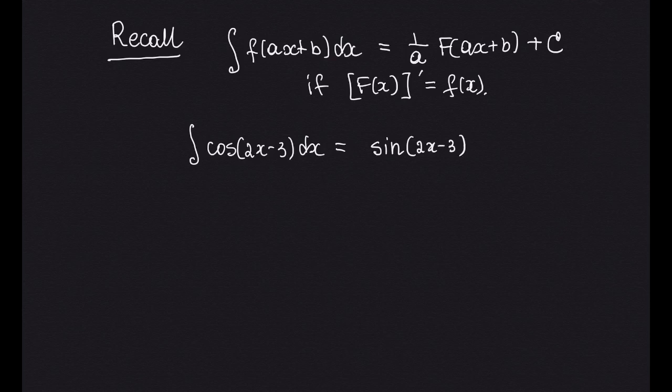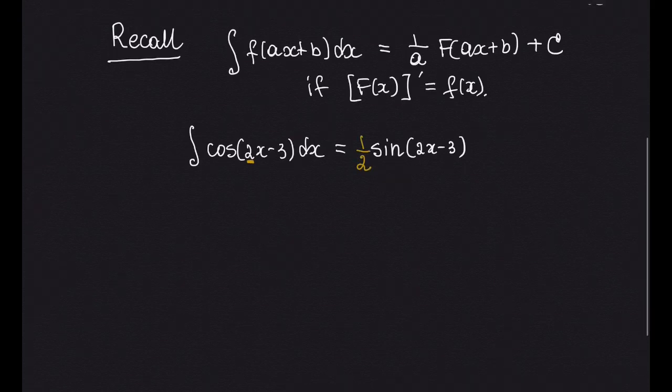And then because I'm working with a linear function, 2x minus 3 instead of just x, and the coefficient near x is 2, I'm going to put 1/2 in front and plus a constant. So if you were not very comfortable with this quick example, I really suggest that you watch the video that is linked down below to become comfortable with this and then come back to this video.